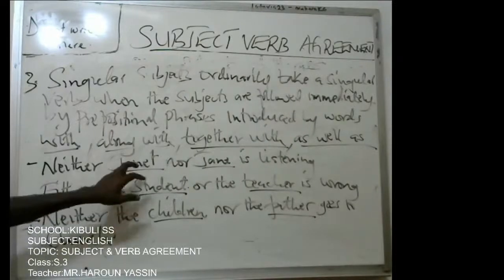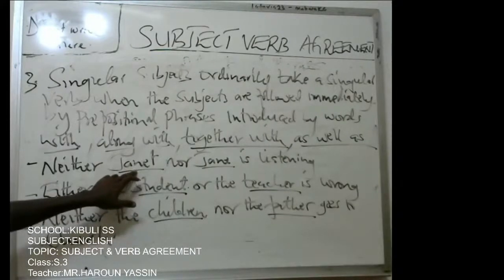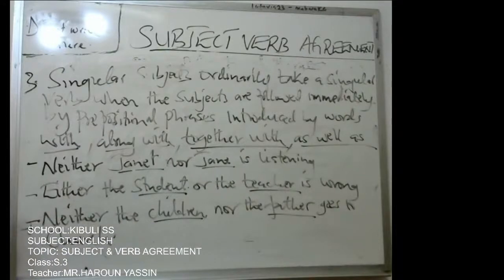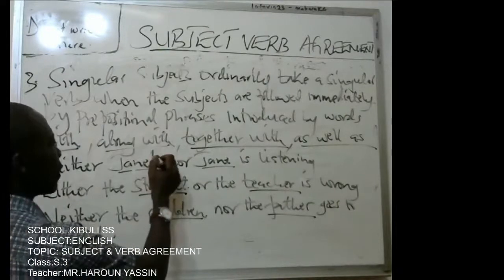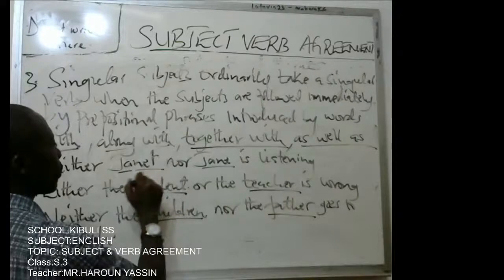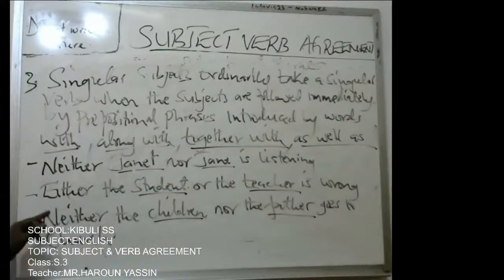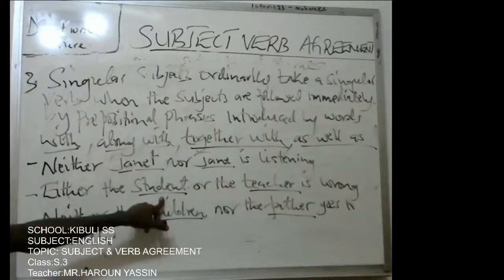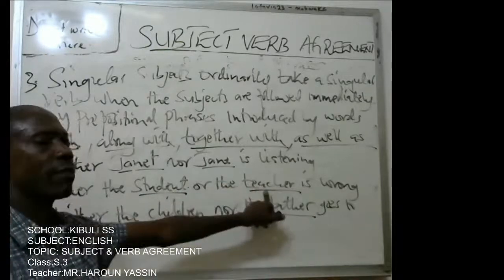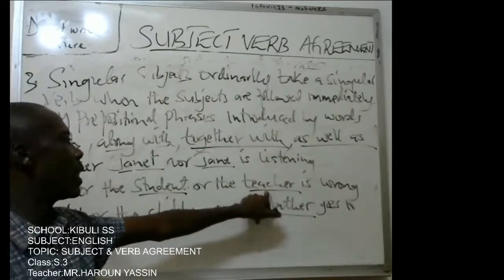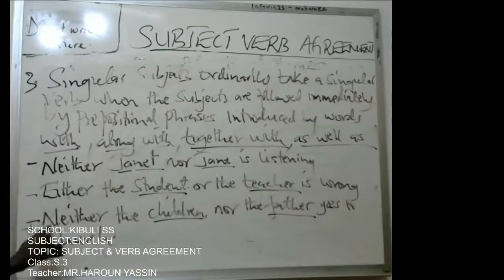You look at Janet, okay? This is one noun, but it is singular. And Jane is another noun, but it is singular. Look at the second sentence. We have got student, another noun, but singular. And we have got the teacher, another noun, but equally singular. When we come to the third sentence, now I'm bringing in a little bit of a trick.